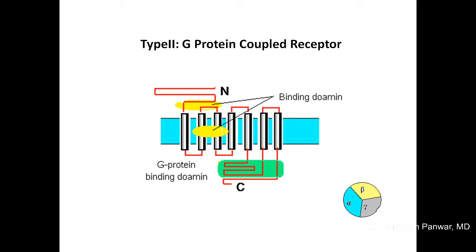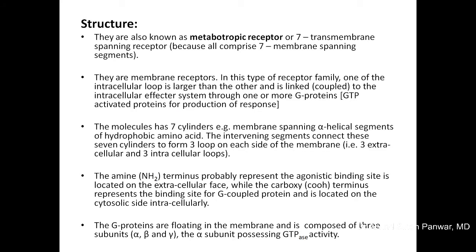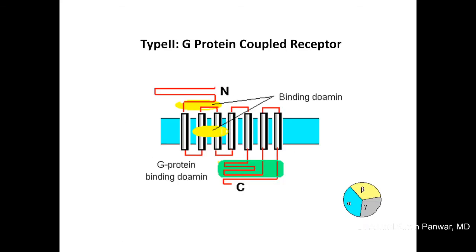The activation of the receptor results in displacement of GDP by GTP. The active alpha subunit carrying GTP dissociates from the other two subunits, beta and gamma, and therefore activates or inhibits the effector system.